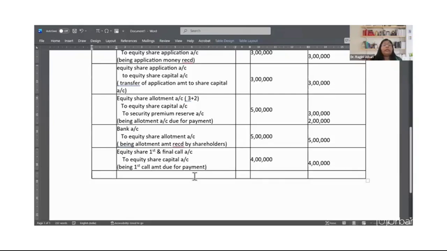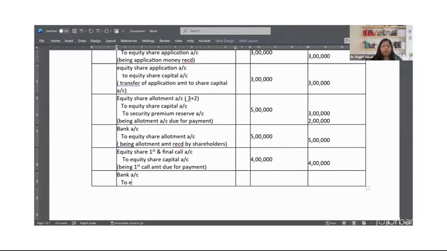Then the receipt of this amount has to be recorded. That is bank account to equity share first and final call account. And the amount again is same.